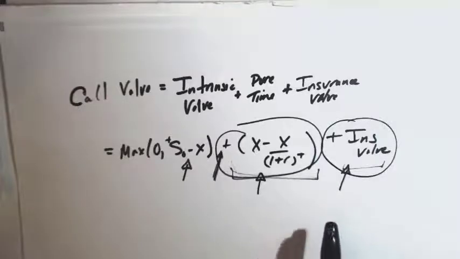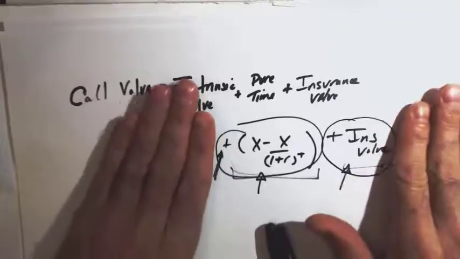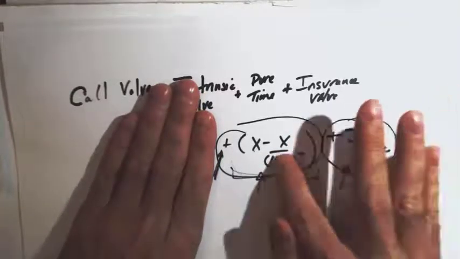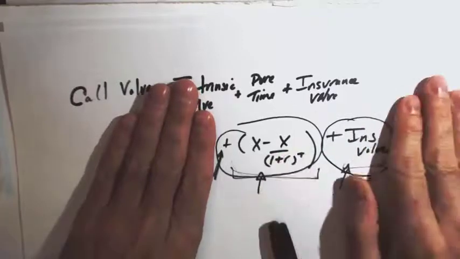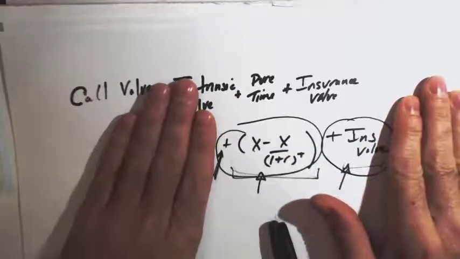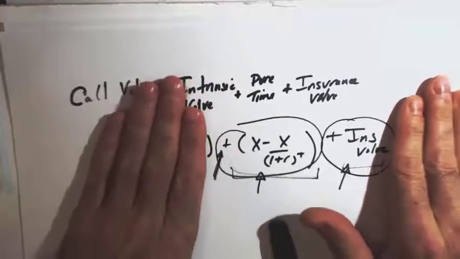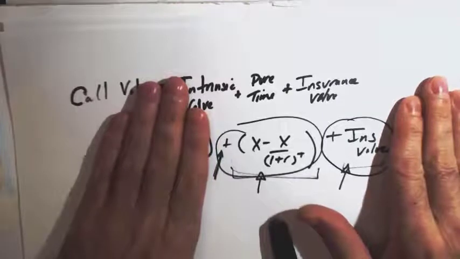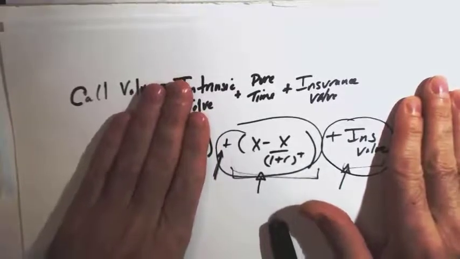Well, the way to evaluate whether or not it is more valuable is you need to look at these two components right here. Is the value of these two components that you're giving up upon exercise greater than or less than the dividend that you're going to get? And if the dividend is greater than these two values, then you're going to want to exercise the option early.